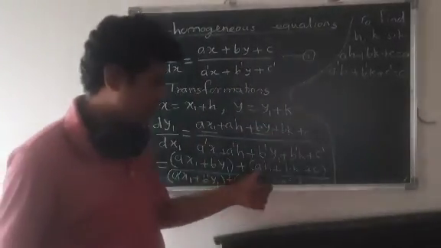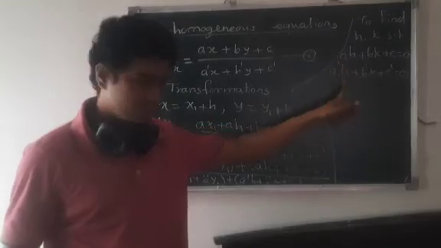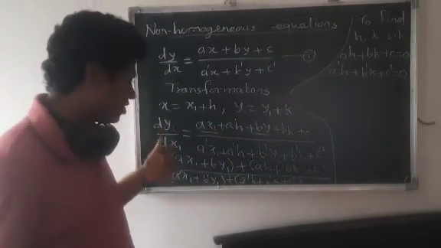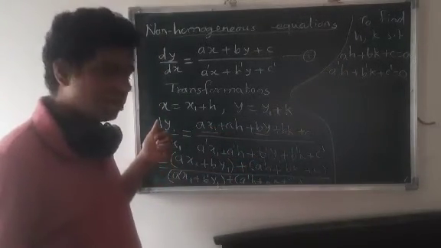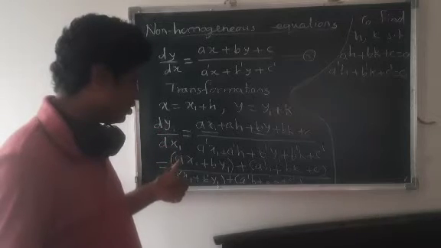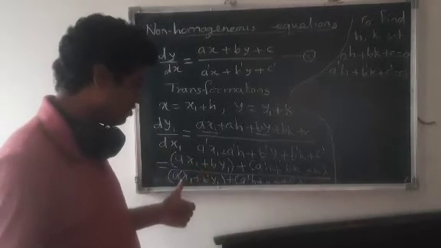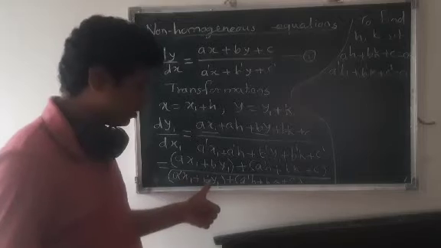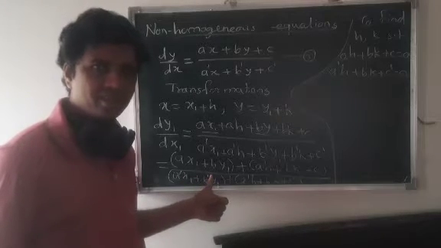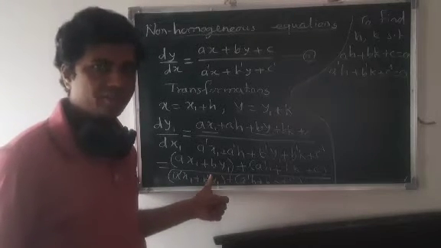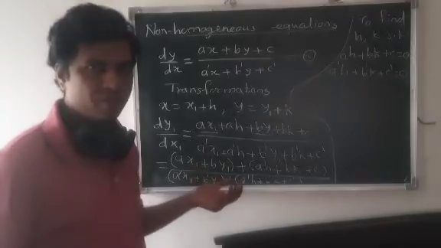If we find h and k satisfying these equations, then this differential equation will be dy1 by dx1 equal to ax1 plus by1 divided by a dash x1 plus b dash y1. That is homogeneous in x1 and y1, which we can solve easily.